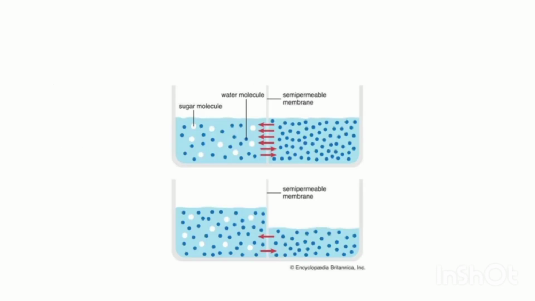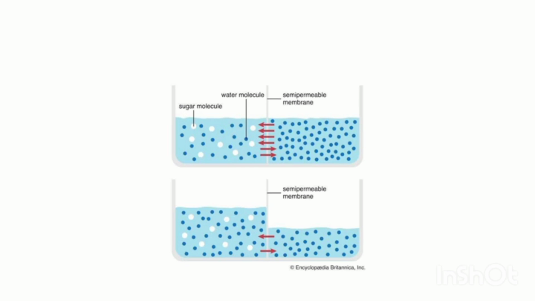When the concentration gradient is high, the rate of osmosis will also be high, and vice versa.